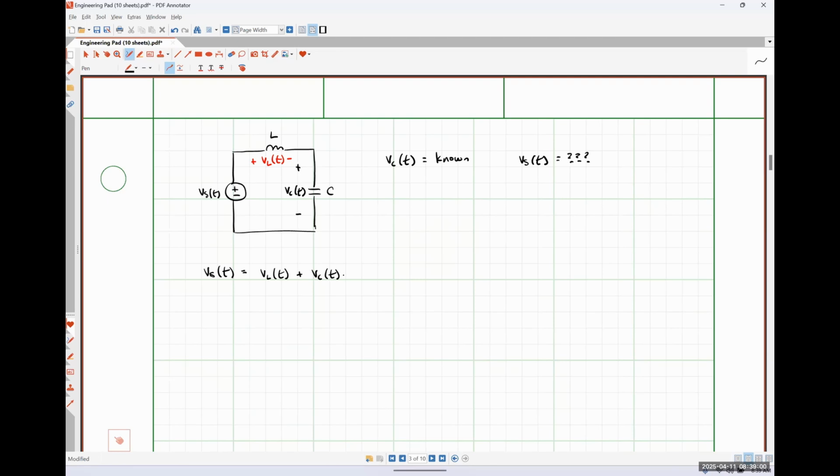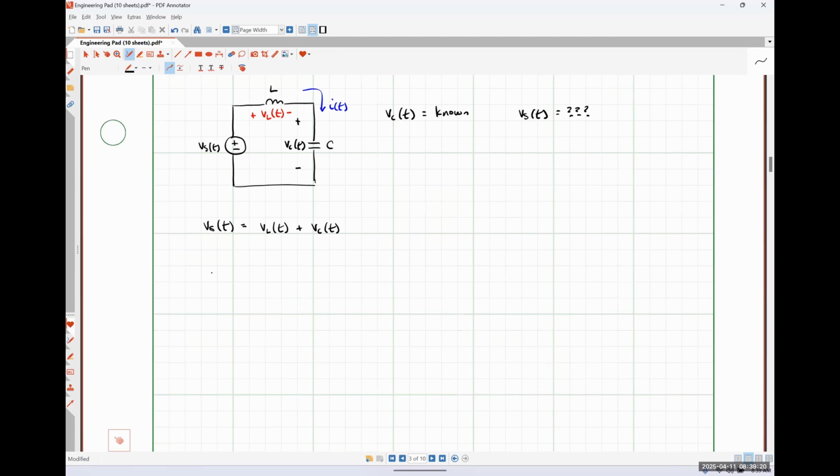The current, exactly right. So the same current is going to be flowing through both of these elements, right? So if I define this current right here, and I'll do it in blue, as I of t, I could say that I of t is simply going to be C times dVc by dt.